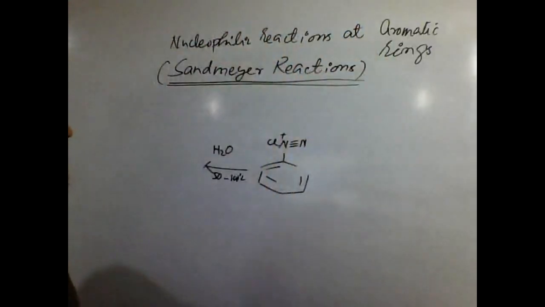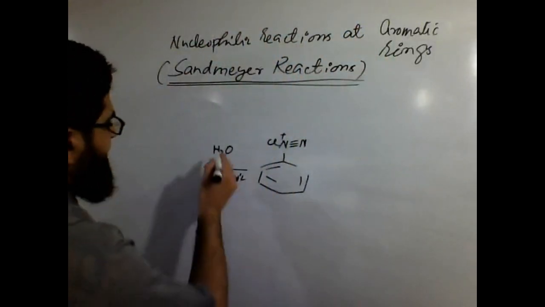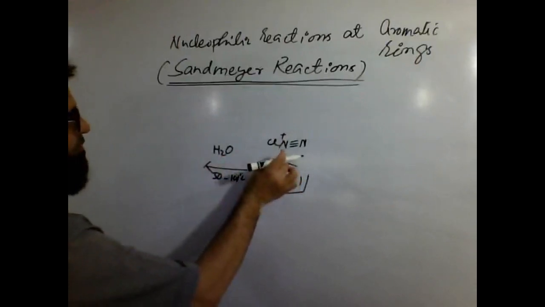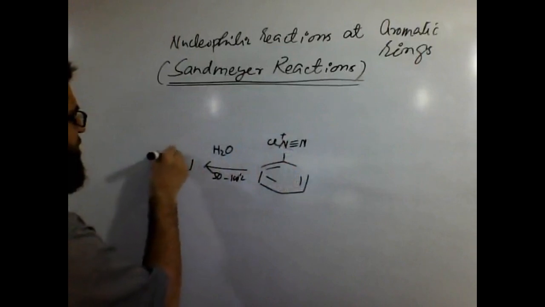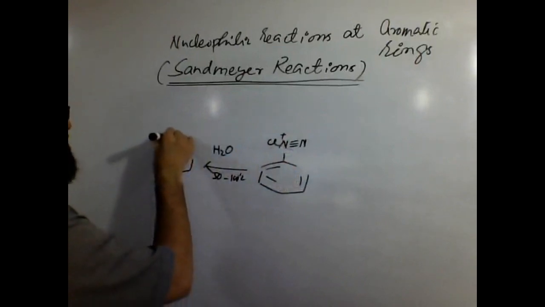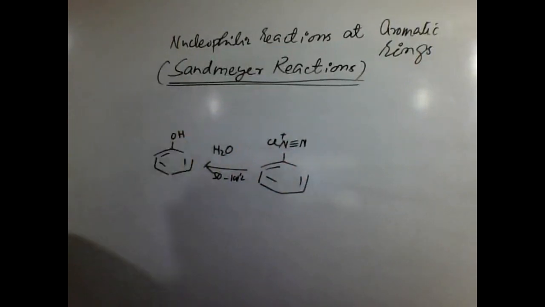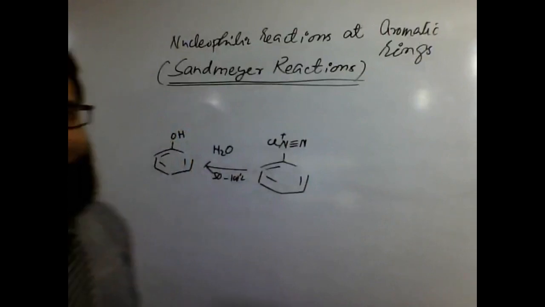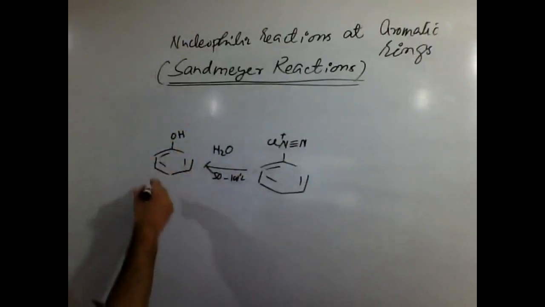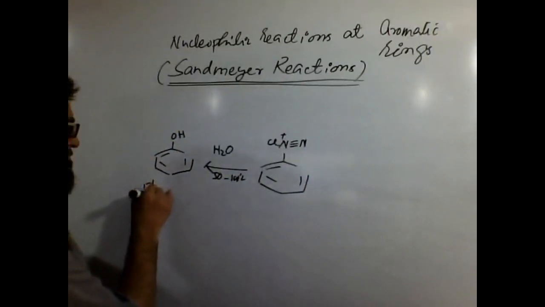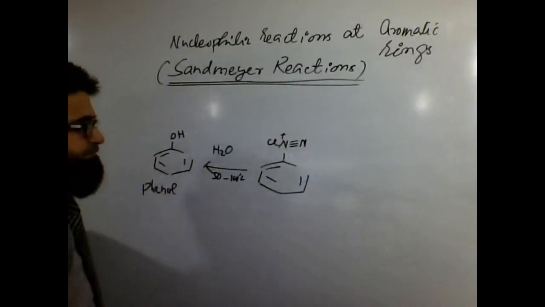For better results, it should be 50 to 100 degrees. Then, as I've told you, this benzene ring will undergo nucleophilic substitution. One nucleophile has been placed on the ring. So we will receive phenol. This will be the product.